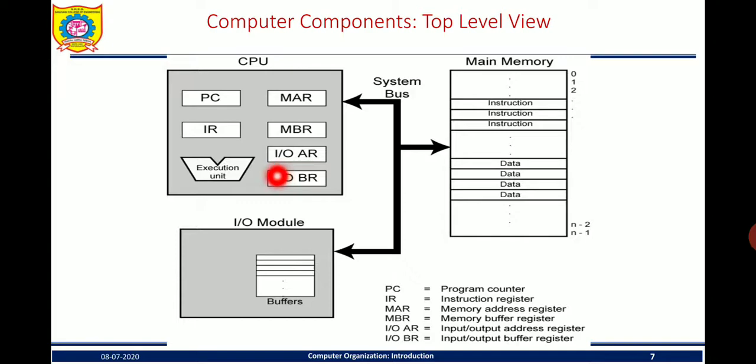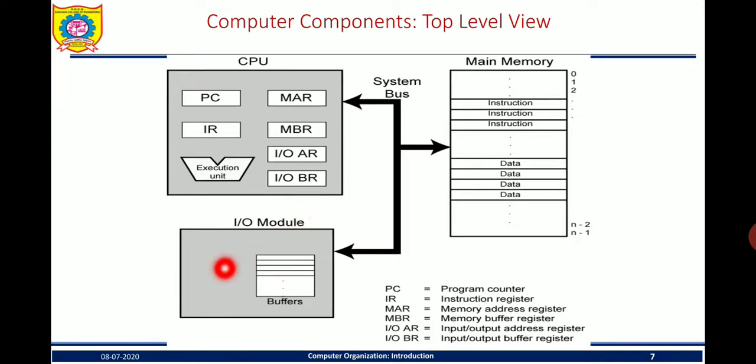Then IOAR is there, that is the input output address register, and an input output buffer register, or a data register, is there. Buffer means temporarily storing. So if you want data directly from the input output system, then that address is taken, where you are taking that data from, and once you get the address you bring that data into its buffer register.